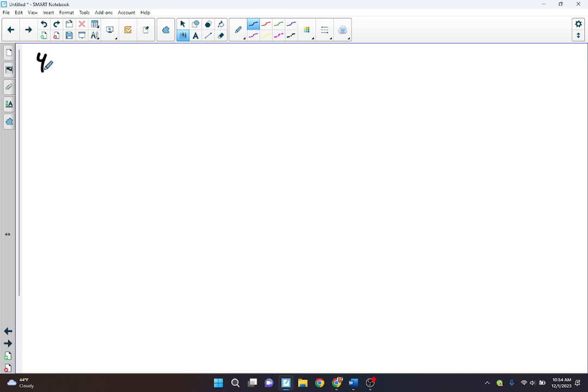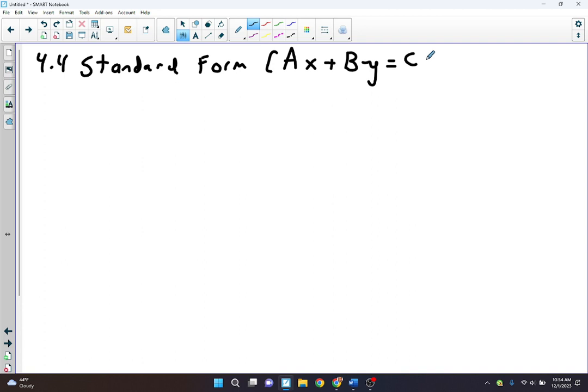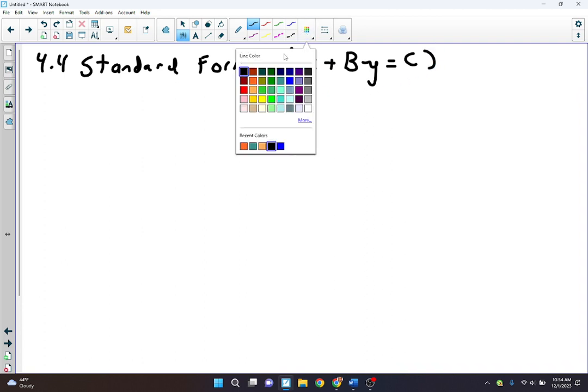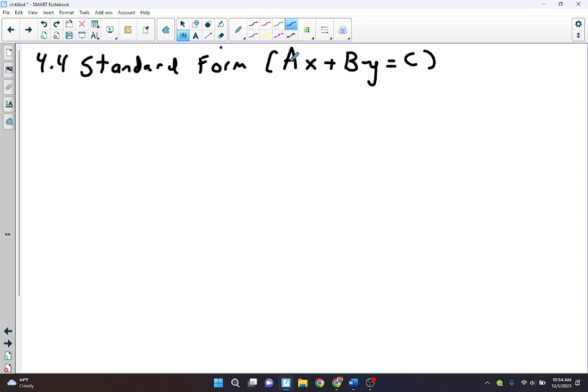Now, 4.4, which is about standard form. Definitely the hardest of the three, or the most annoying of the three for sure. Capital A x plus capital B y equals capital C. So in this situation, you're making it into standard form.